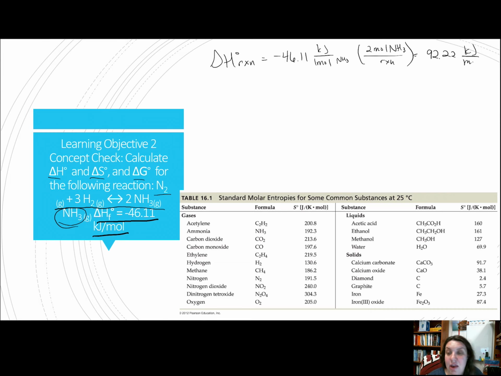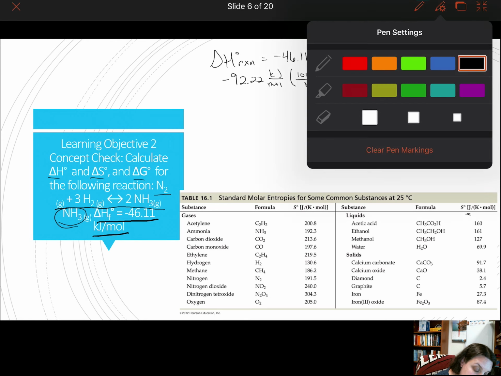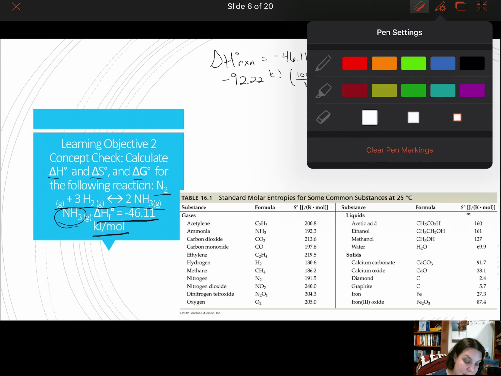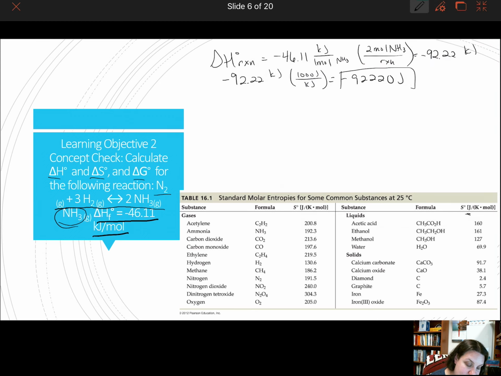And our delta S values are going to be given in joules, so let's go ahead and convert that into joules, giving us negative 92,220 joules. Oh, just joules. We canceled out the moles. Sorry about that. So we figured out our delta H of our reaction.